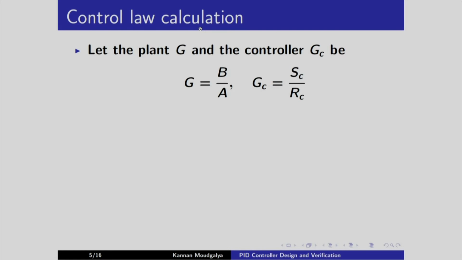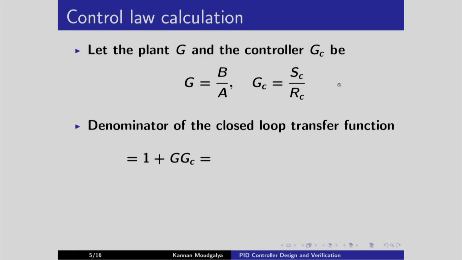Let us calculate the control law next. Let the plant G and the controller GC be given here, ratios of polynomials in Z. From that we can determine the closed loop transfer function, and the denominator is 1 plus G GC, which becomes 1 plus BSC by ARC after substituting from here, which becomes ARC plus BSC divided by ARC.